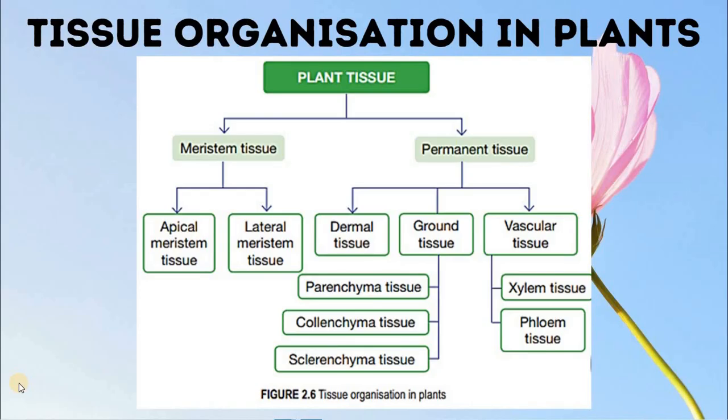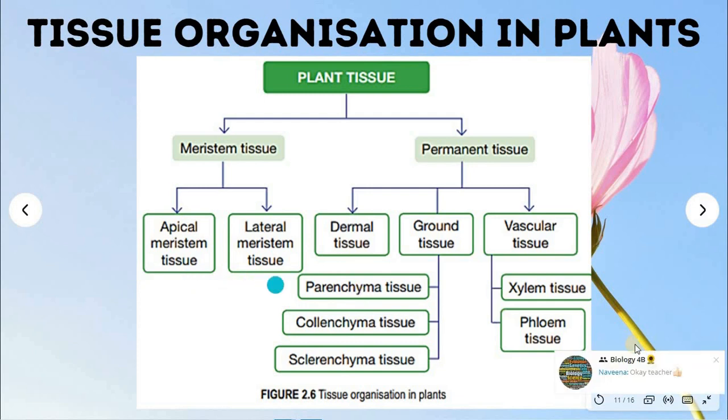Meristem tissue can be divided into two types: apical meristem tissue and lateral meristem tissue. Next, we go to the permanent tissue.